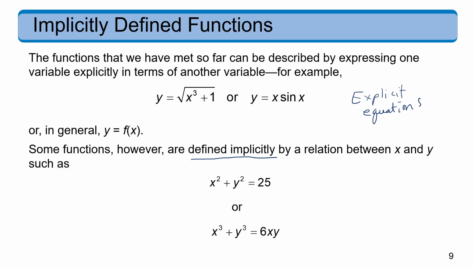In some cases you can solve these for y just by using algebra and put it in explicit form, like this first one we'll work on the next slide. It's pretty simple to solve that for y. The second one is a little more challenging because there's a y cubed here and then another y in this other term. That makes it a lot harder to solve for y.